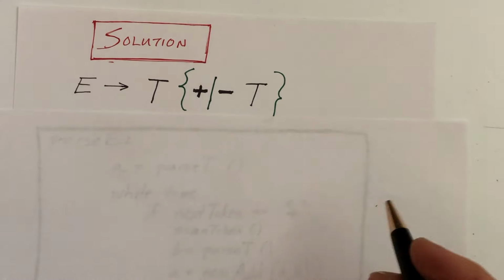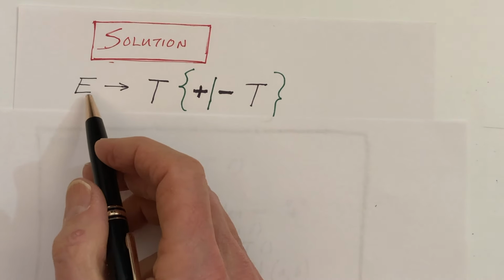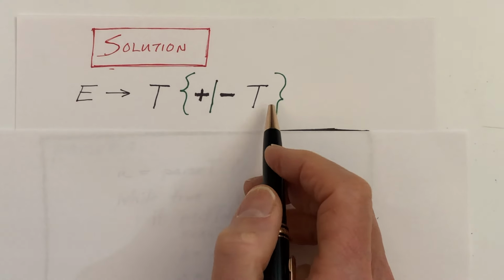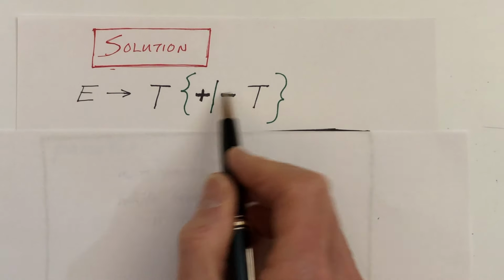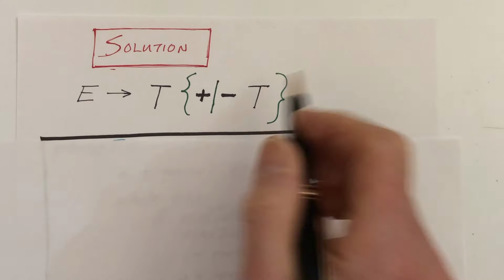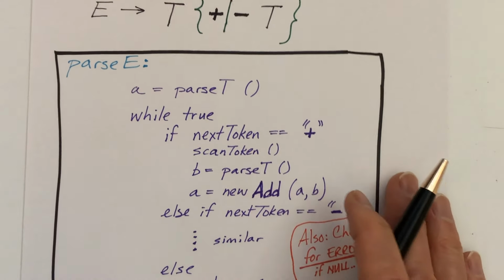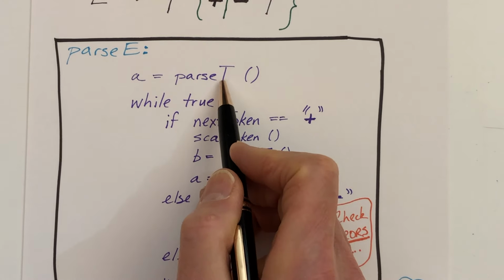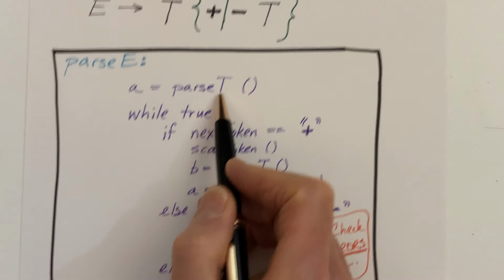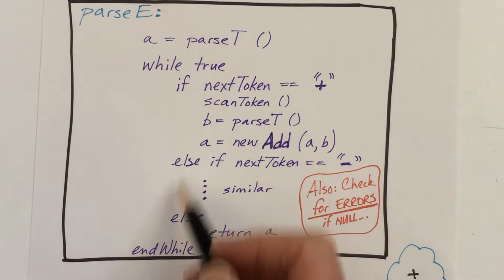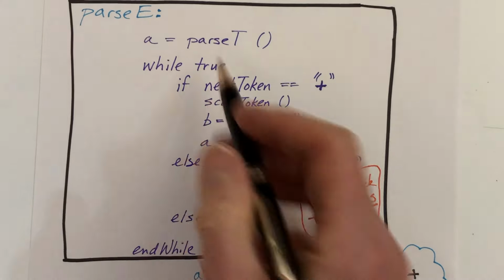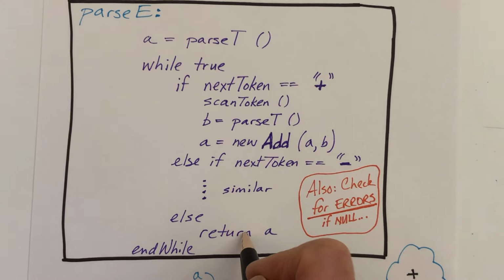What we're going to do is rewrite this rule as E goes to T, followed by 0 or more occurrences of plus T, minus T, plus T, minus T, and so on. Here's what the code now looks like. For the parse E function, we first call parse T to pick up the first term, and then we have a loop. So this is an infinite loop with a break by returning.